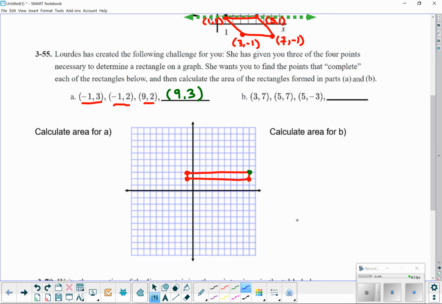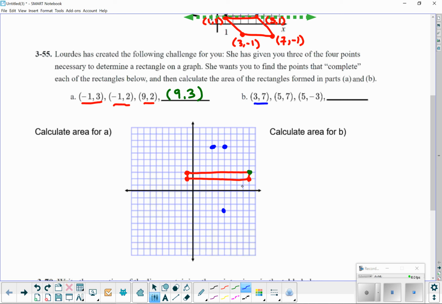Okay, this one right here, I'll put in blue. Negative, or excuse me, 3, 7. 1, 2, 3, and then 1, 2, 3, 4, 5, 6, 7 right here. 5, 7, pretty much the same level. 5, negative 3, so here's 5, and negative 3 right here.